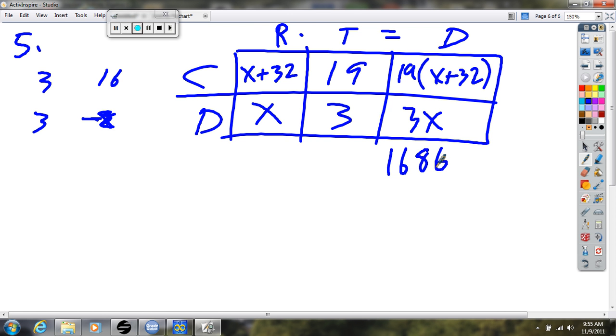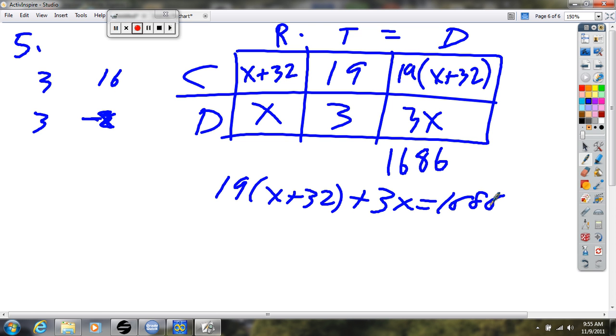And you might read the problem, put that in right away so you don't forget it, because you have to have it. Okay? If you have the total distance, what's your equation? 19 times x plus 32 plus 3x equals 1686. And then you solve for x.